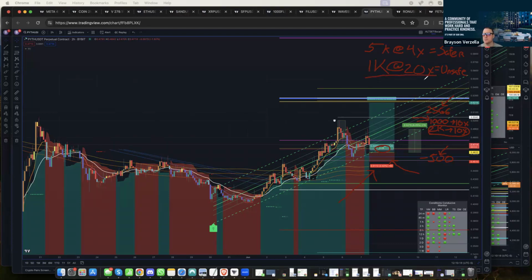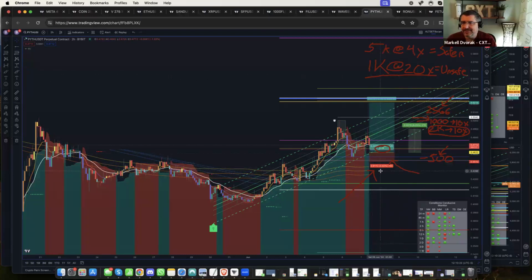To keep your losses mitigated, you have to have a much tighter stop loss. And that is basically why people lose, right? They cannot do this, because if the 1K person does it at 20x, then this wide of a stop loss would cause them to lose 50%, if I'm not mistaken.